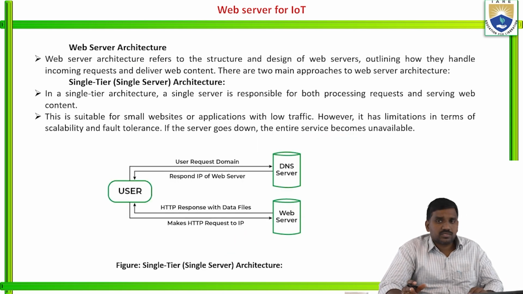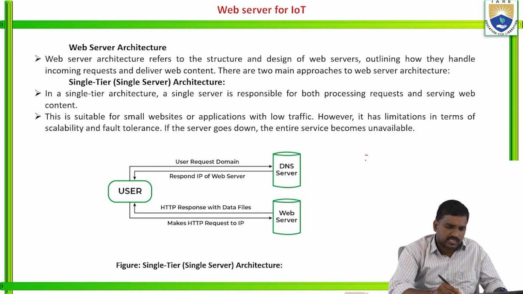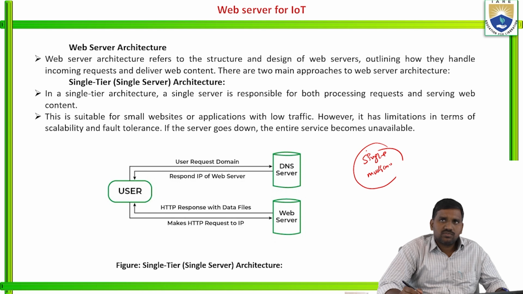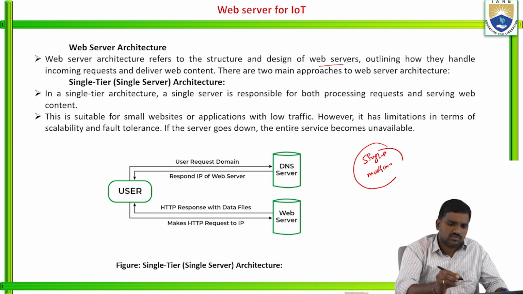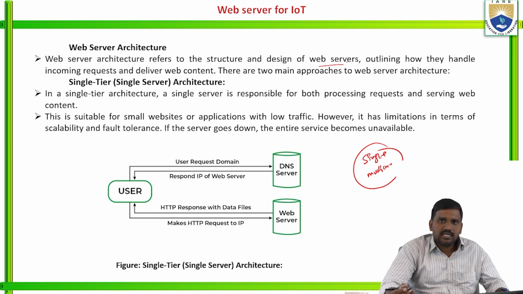Next one, web server architecture. Here we have two types of architecture, single and multi-core architecture types. Web server architecture refers to the structure and design of web servers, outlining how they handle incoming requests and deliver web content.